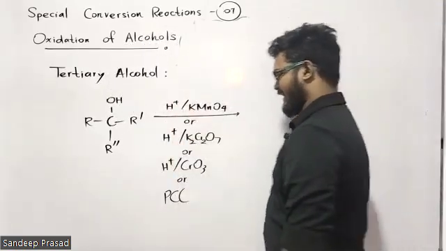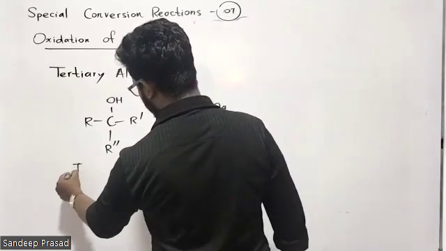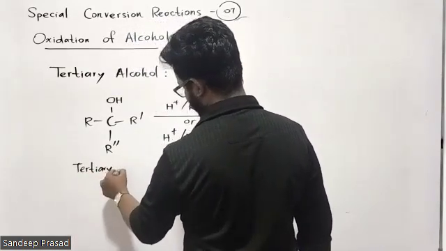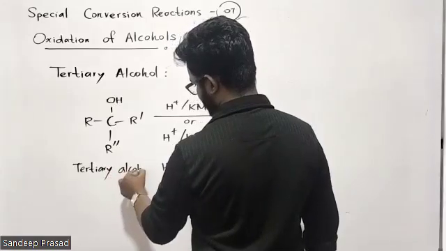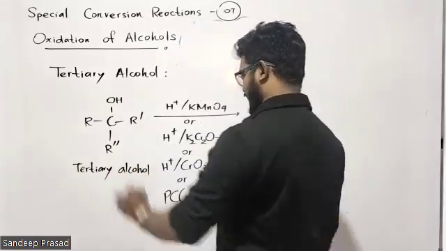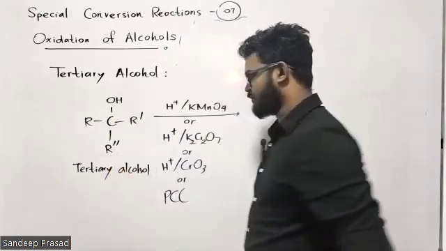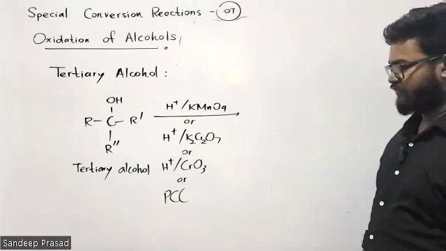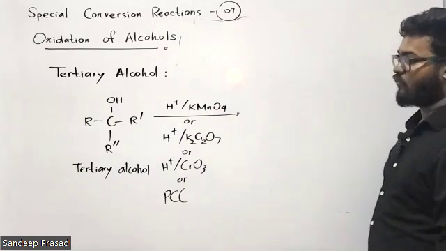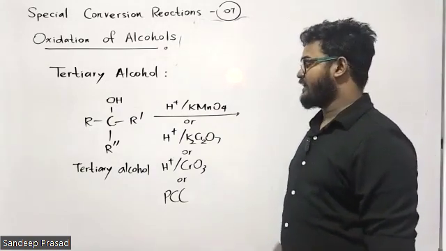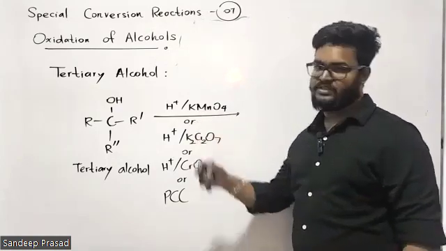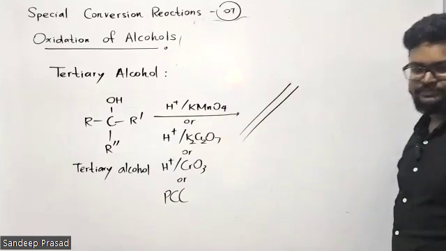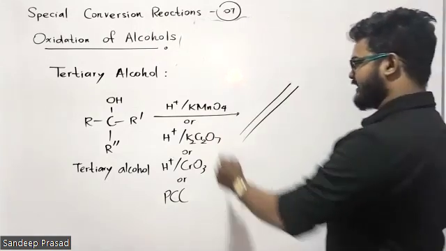The reason is that tertiary alcohols cannot be oxidized by addition of these things. The main reason is that having three alkyl groups stabilizes that compound. So tertiary alcohols won't easily oxidize by addition of these kinds of oxidizing agents. No reaction. There won't be any reaction.